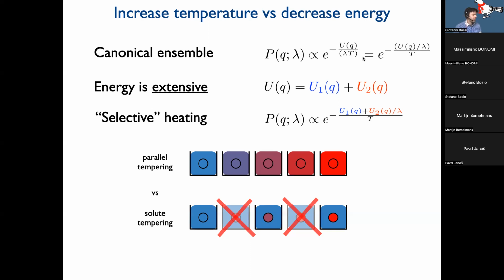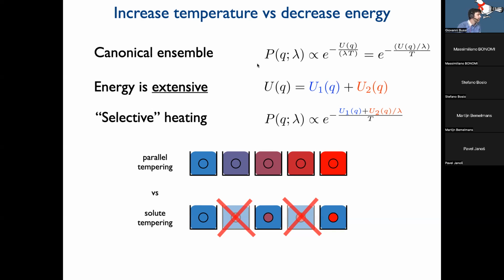But there's a nice feature of energy. Whereas temperature is an intensive property, so you have one temperature for the whole system, energy is extensive. So if you can split your system into partly decoupled regions, you could imagine to only scale down the energy of one of the 2 portions and not the energy of the other one. That would be equivalent in some sense to increasing the temperature only of one of the 2 portions of the system and not of the other one.